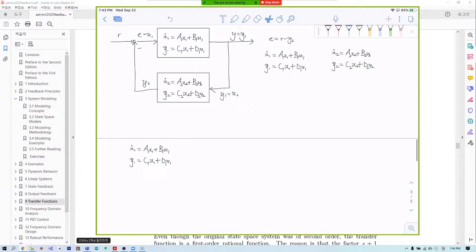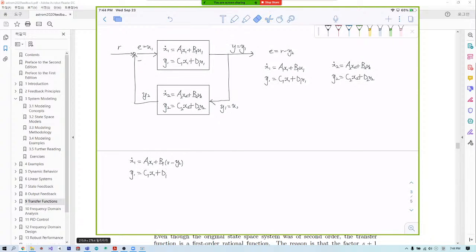And error is defined by r minus y2, correct? Here also, instead of u1, we have r minus y2.